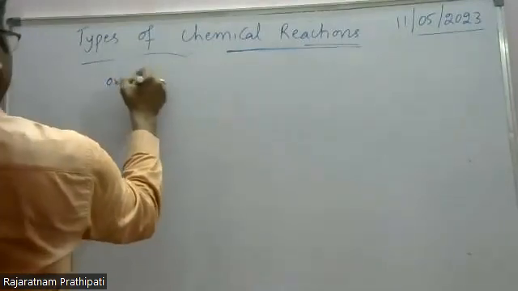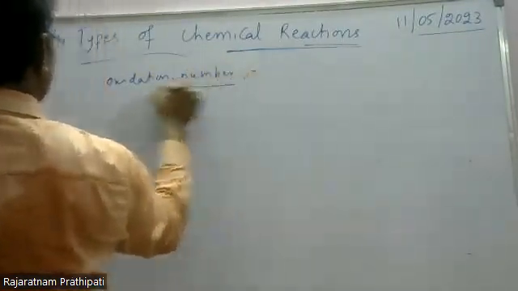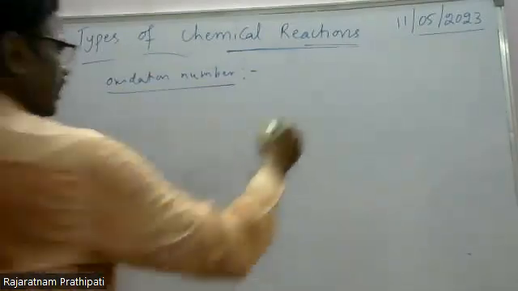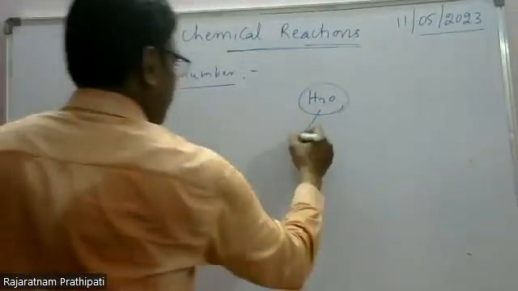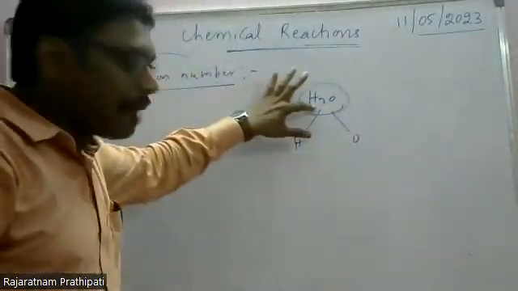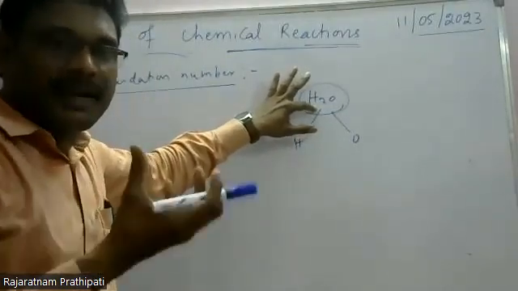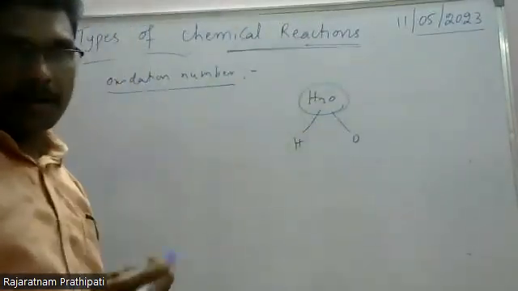Oxidation number. Oxidation number means, for example, H2O is a compound. Hydrogen element is there, oxygen element is there. Here it is the apparent charge of the element in the compound.